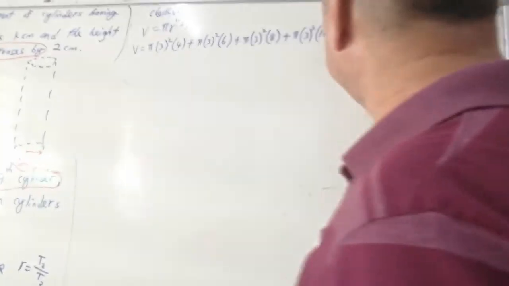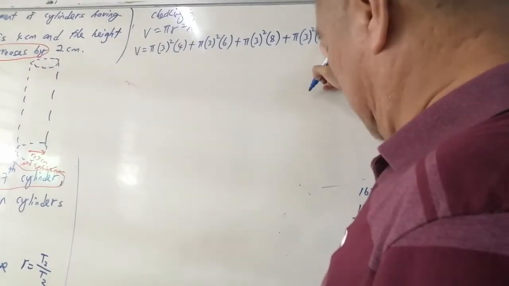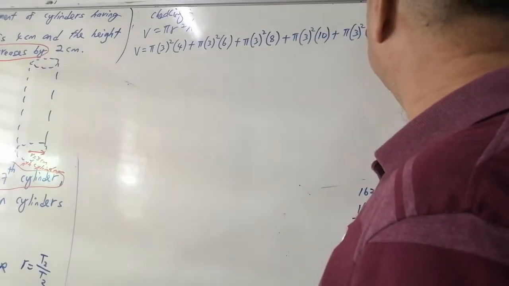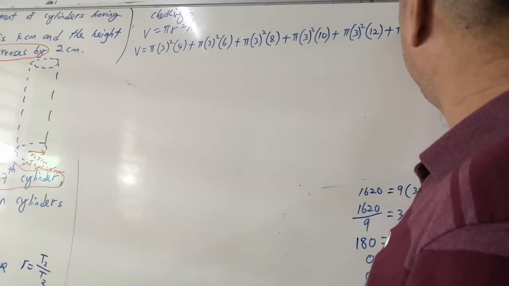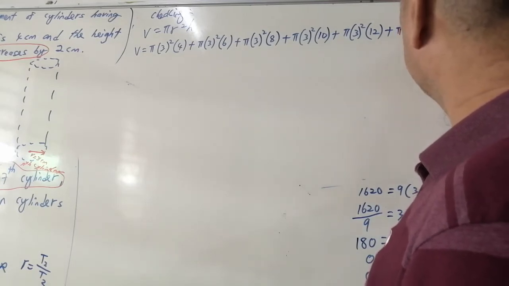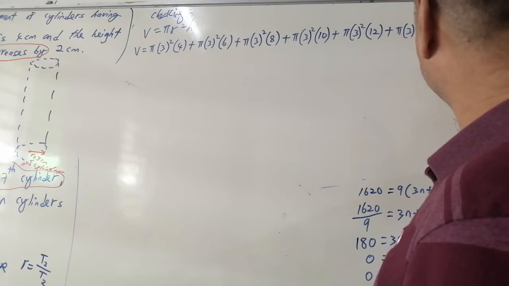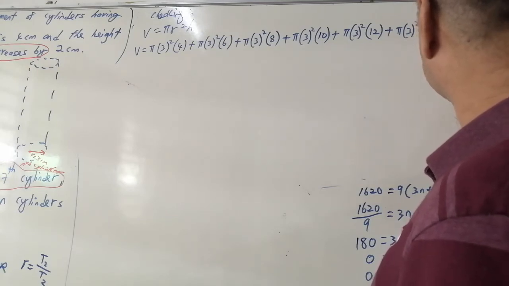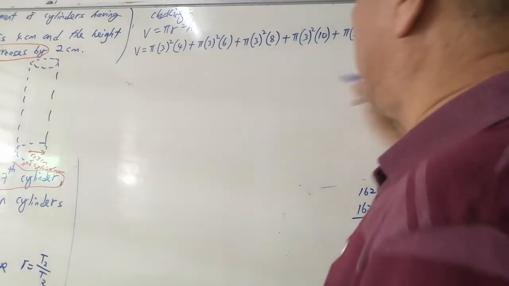The fourth cylinder, the height increased by 2, 10 plus pi 3 squared. Increased by 2, 12, plus pi 3 squared. Increased by 2, 14, plus pi 3 squared. Increased by 2, 16, then plus some more.